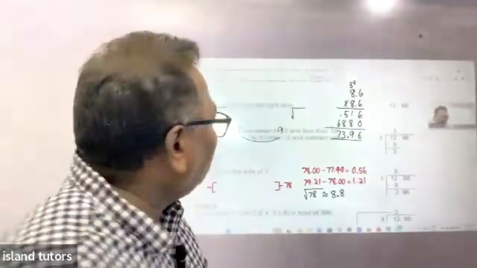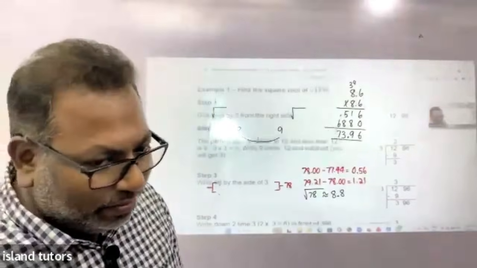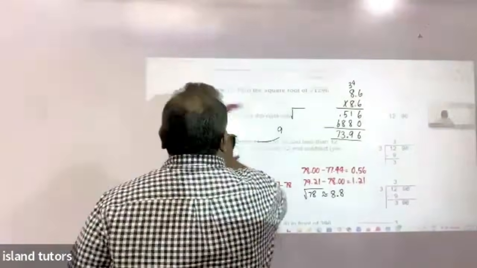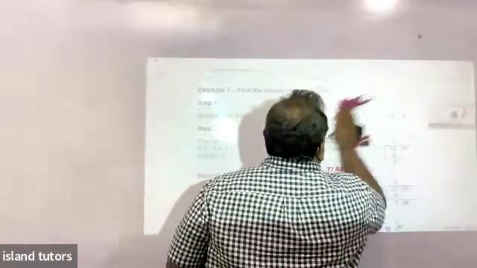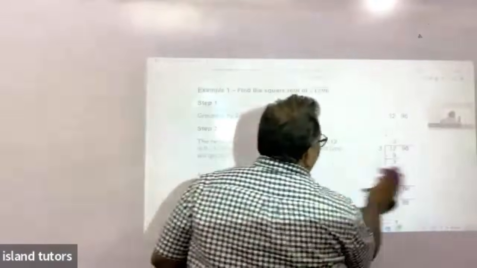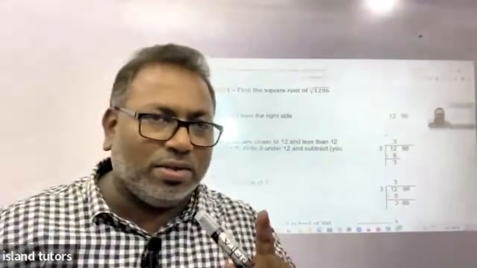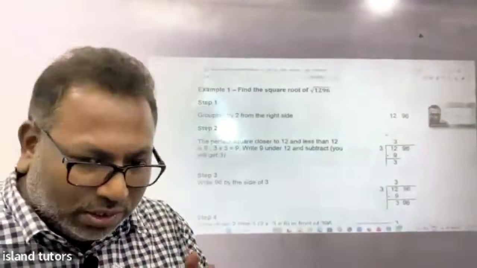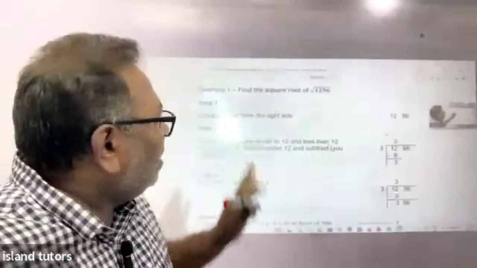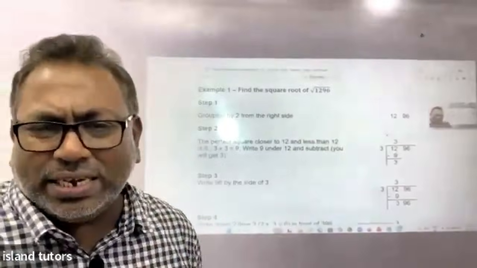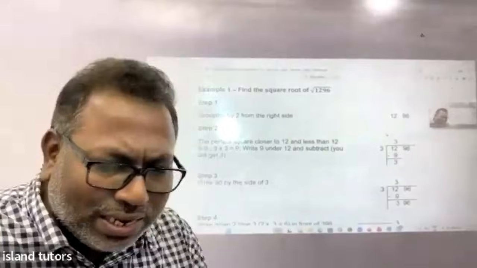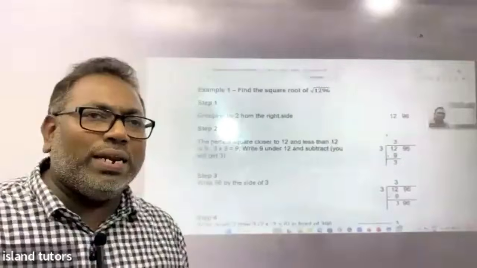The next method, which is the division method. Division method, guys, remember, I'll just give it to you as a clue. This division method, they rarely check. I mean, I've not seen it coming in your O-level exams.